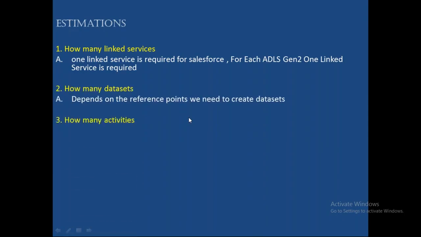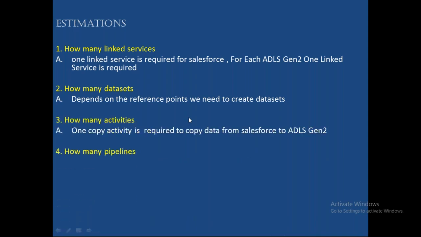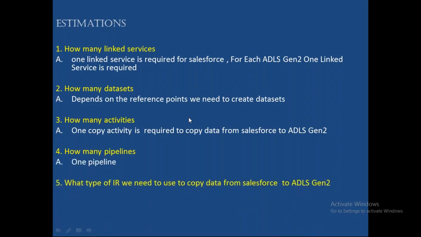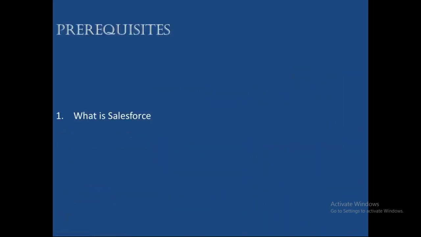How many activities do we need? One copy activity is required to copy data from Salesforce to Azure Data Lake Storage Gen2. But when you have multiple tables, we need to use ForEach to iterate through the tables. How many pipelines? One pipeline I will create. What type of IR are we going to use to copy data from Salesforce to ADLS Gen2? Azure integration runtime.